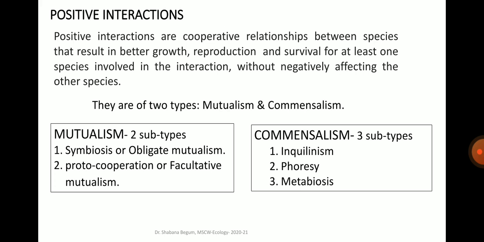Mutualism is again divided into two subtypes. The first one being symbiosis or obligate mutualism, and the second is the protocooperation or facultative mutualism. While the commensalism is again divided into three subtypes. The first one being inquilinism, second is phoracy, third is metabiosis.